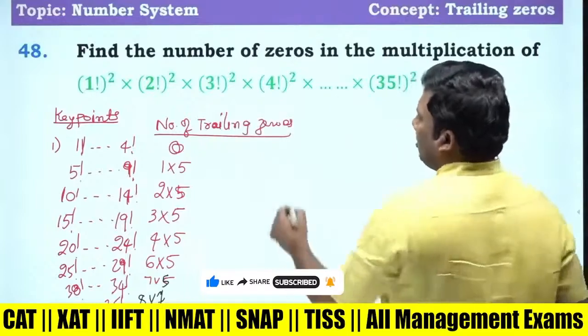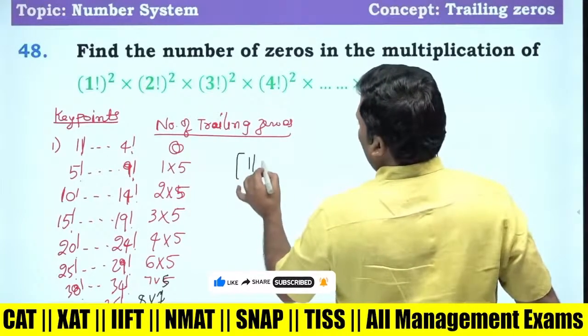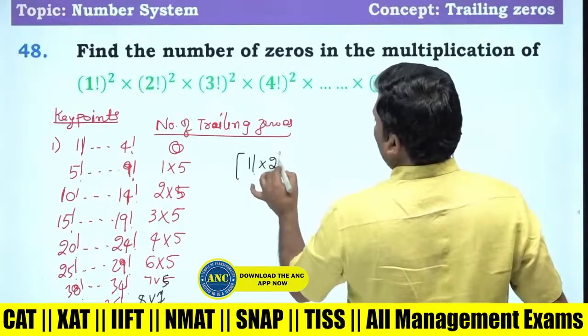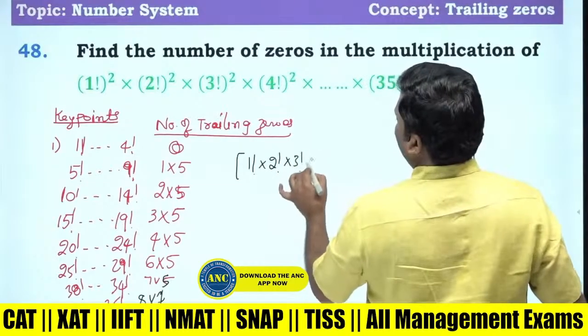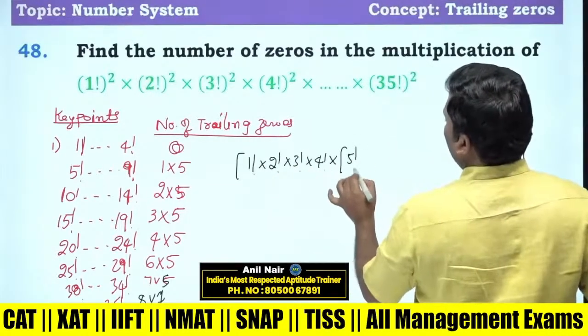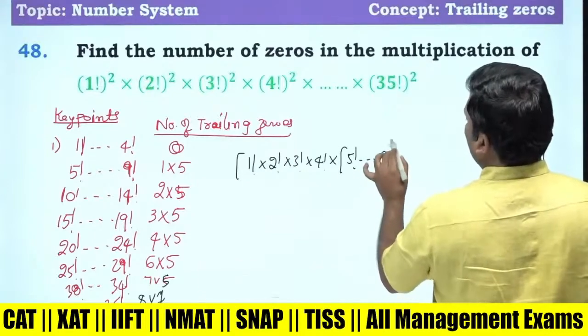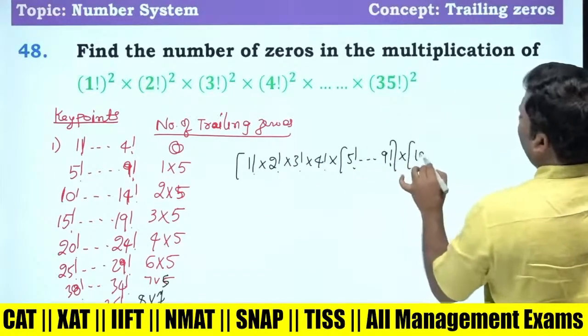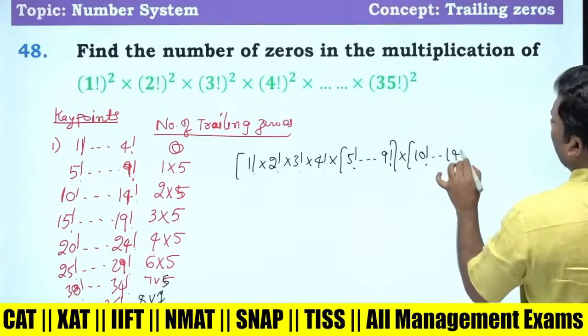Now the question is: 1 factorial into 2 factorial into 3 factorial into 4 factorial into 5 factorial till 9 factorial into 10 factorial till 14 factorial.